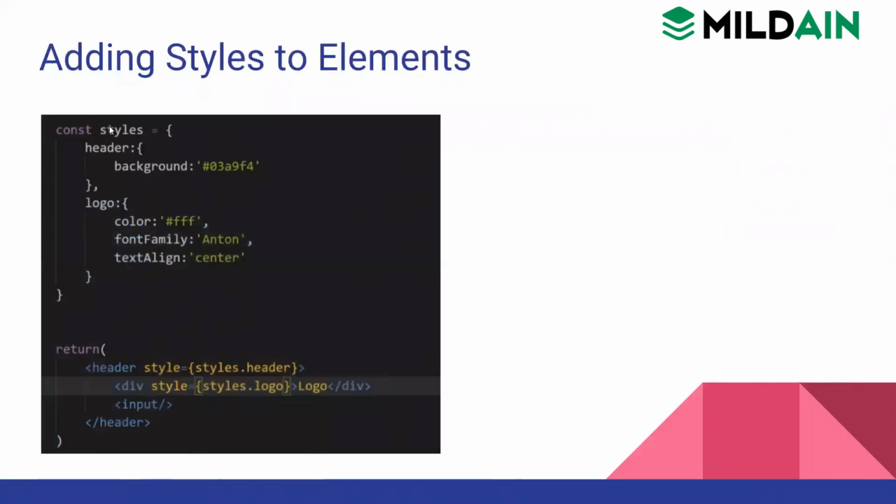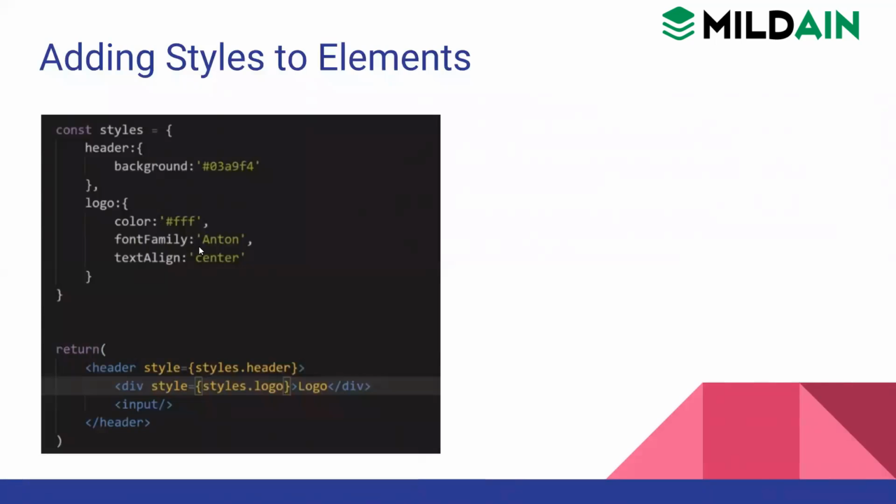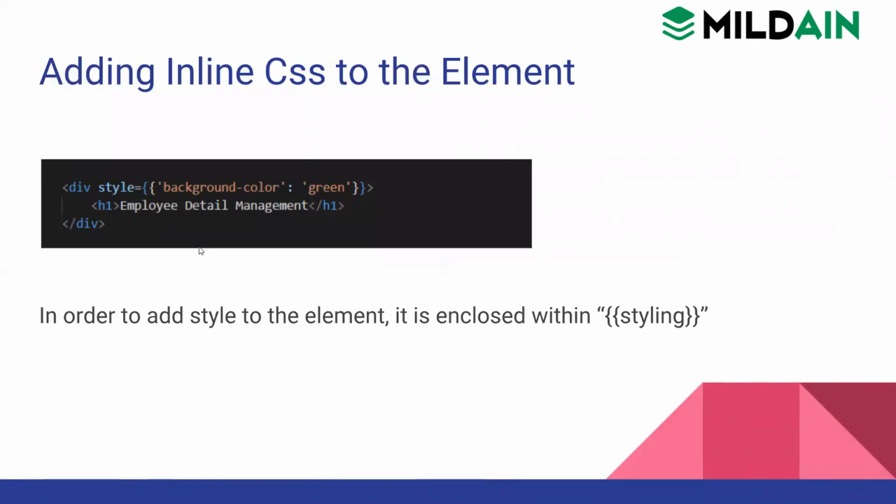You can define a constant styles containing different key value pairs, and each key value pair contains the styling for an element. Then we can have style equal to styles.header or styles.logo. I'm going through the slides, and in case anything is not clear, we can discuss again.